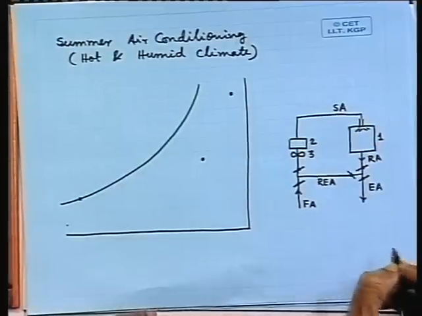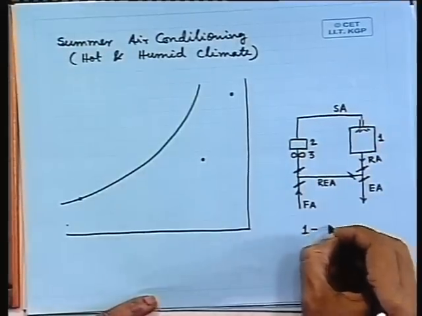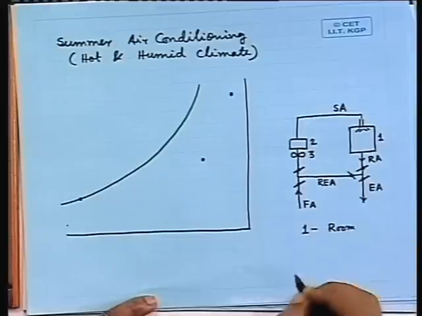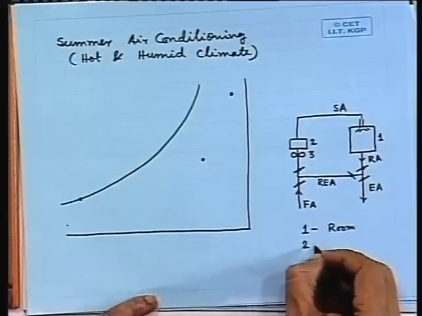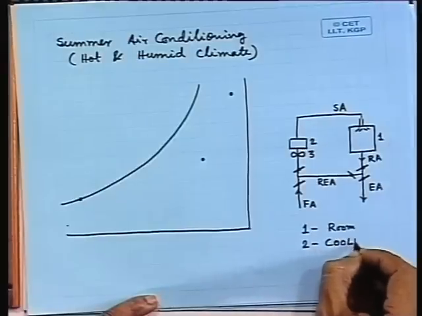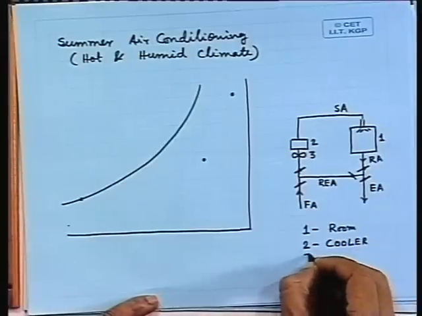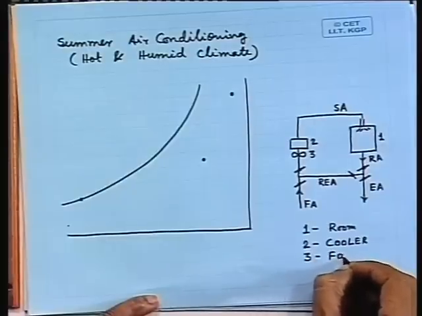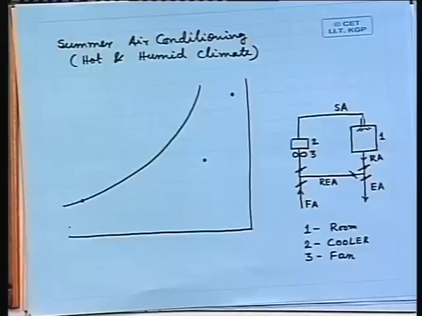I have drawn a very simple diagram. 1 is the room, 2 is the cooler, 3 is the fan. So, only these few things I have shown. There could be a number of other items which we will discuss later on. This summer air conditioning process I would also like to describe with the help of the psychrometric chart.